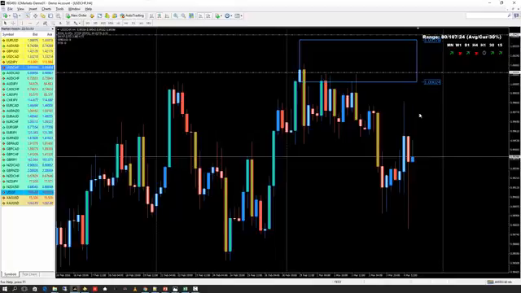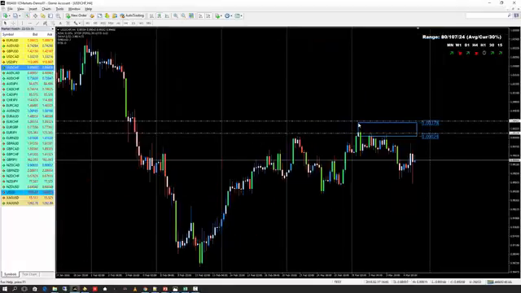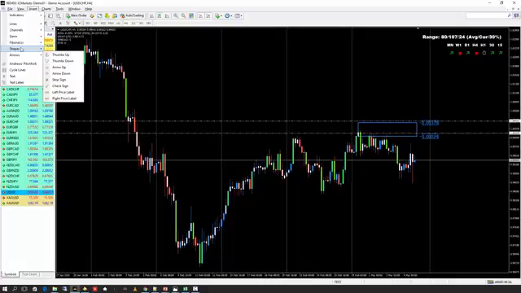Then our target will require an analysis of price as it's coming down. If we look at this now, you can see that price touched this and it held away, accumulated away, and now it's coming back. We want to target the areas down here for our profit targets, and this requires that we have a look at opposing areas of supply and demand. So we can draw another one in here.